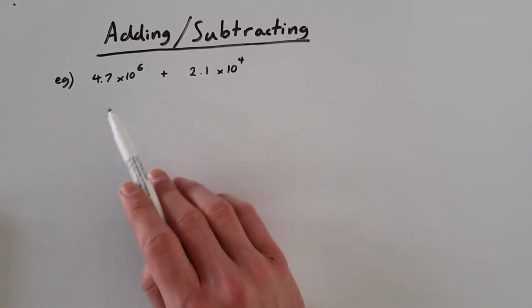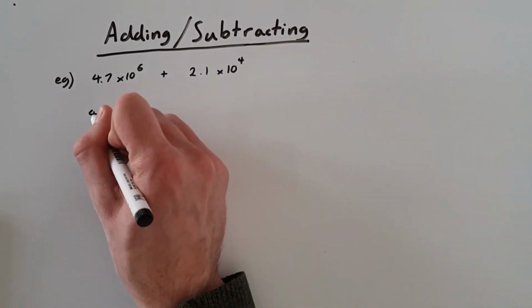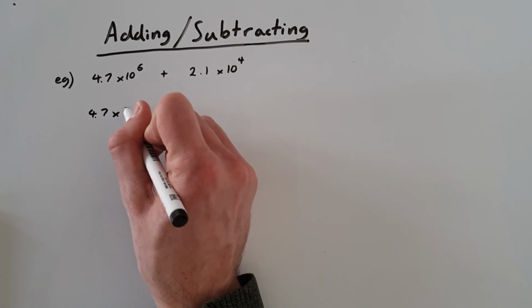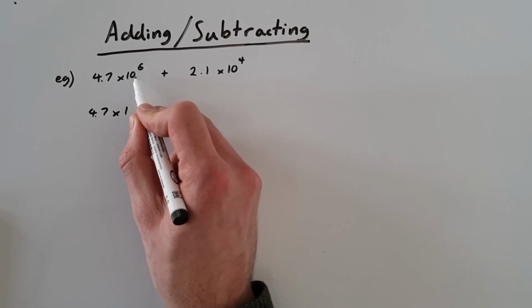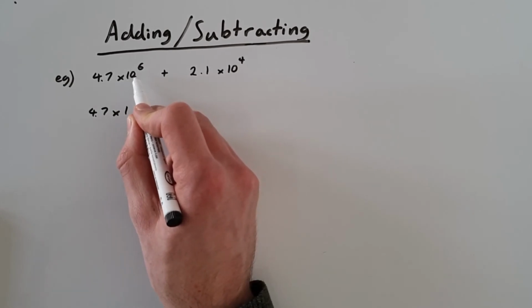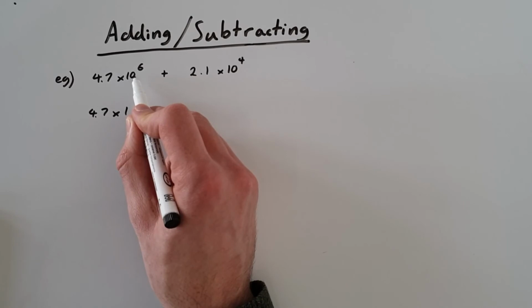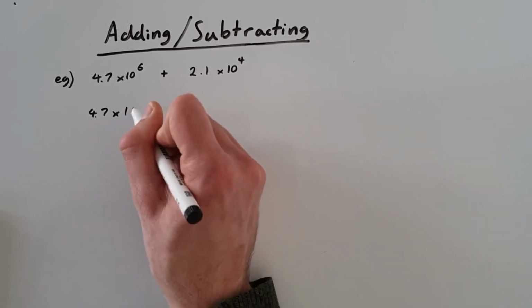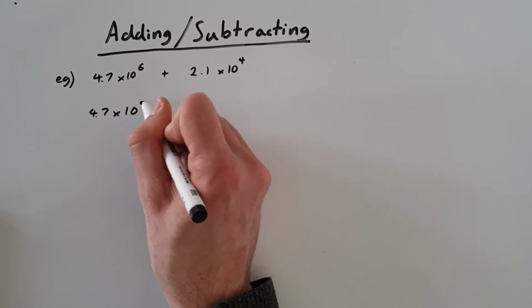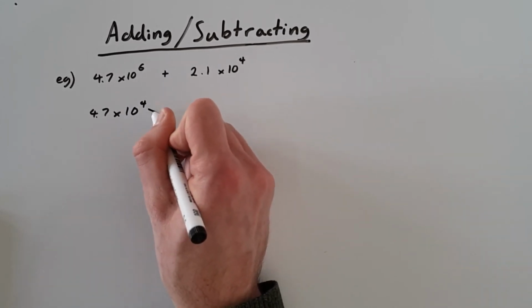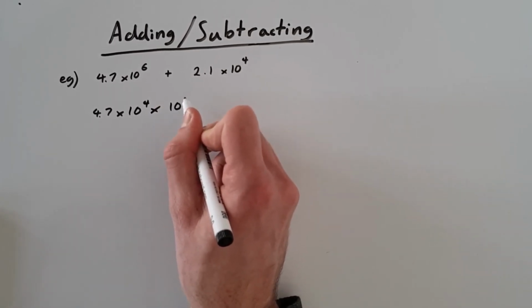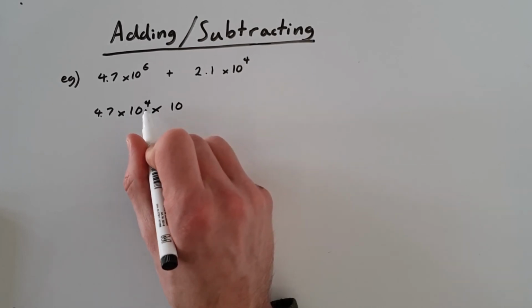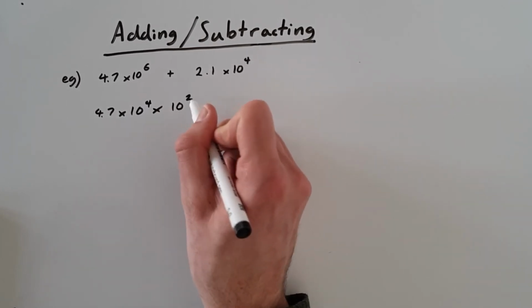The way we do that is we take our 4.7 and multiply it by something that will convert this into a power of 4. We want 10 to the power of 4, so to get this 6 down to a 4 we need to multiply by 10 to the power of 2.